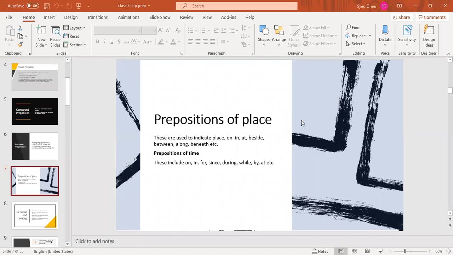Who is going to tell me what is a simple preposition? Please raise your hand. What is a simple preposition? Ji beta, what is a simple preposition? Class 7th, are you sleeping? Okay, I myself asked. Ji Kinza, what is a simple preposition?